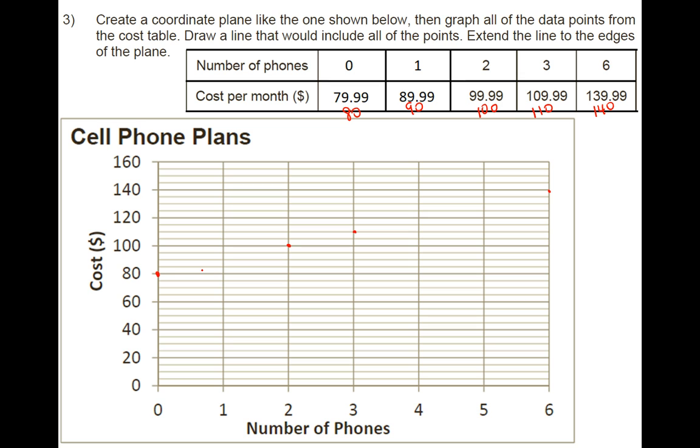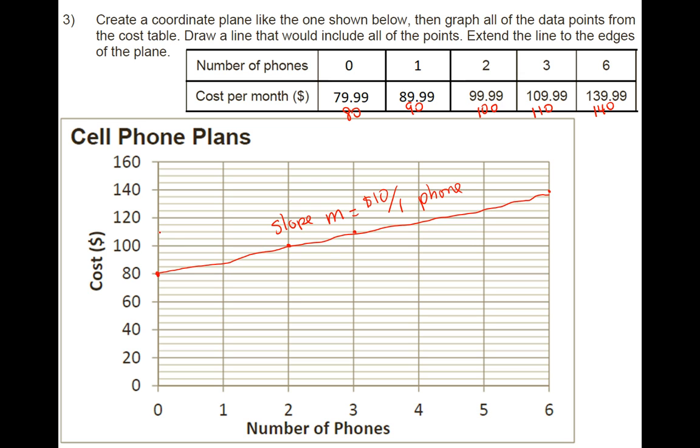This makes a nice straight line. And it's hard to draw because I'm on this tablet. But you can see it would go through all of these points, all the way up to here in a nice straight line. This line has a slope that we've already found out. That slope is $10 for every one phone.